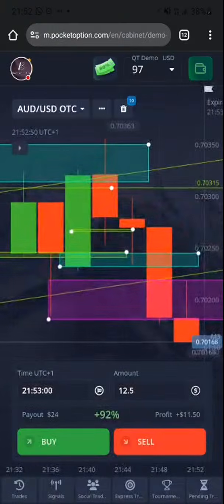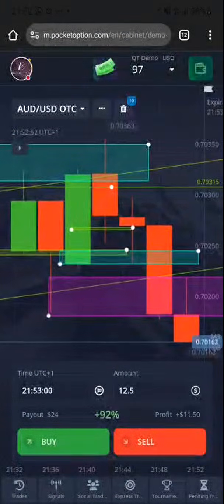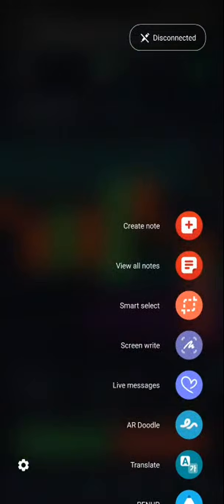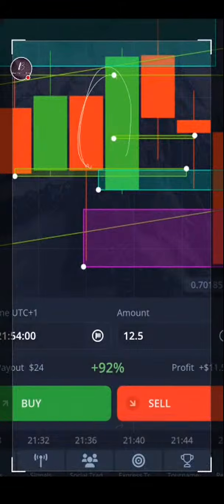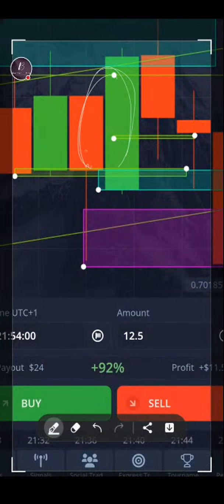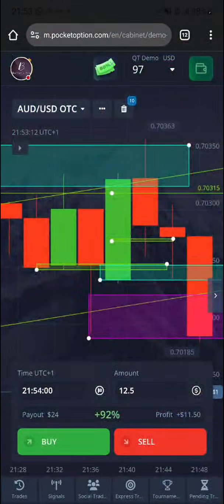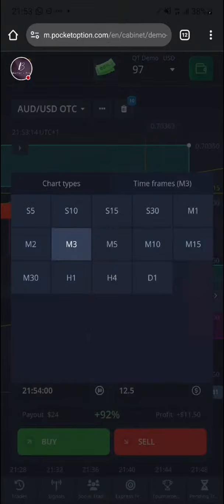You can see we have the engulf here. This is the engulf I'm talking about. I'll show you again. You see, this green candle is engulfing this red one. That's the engulf we're looking for. Immediately you see that engulf, that's your first confirmation that this QM is going to work.